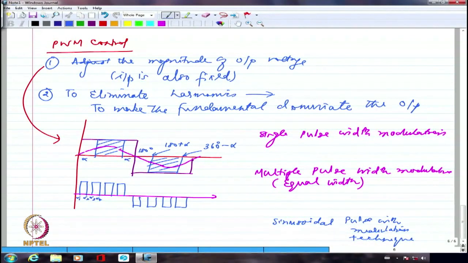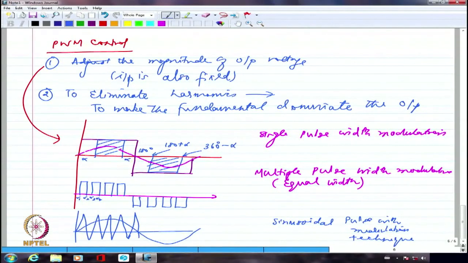So this is essentially derived by having a sinusoidal wave which I want to arrive at, and I'm going to compare that with a very high frequency triangular wave. I have shown it here as though it is only having a frequency of 1, 2, 3, 4, about 5 times, not even 5 times, less than that, 4.5 times or something.